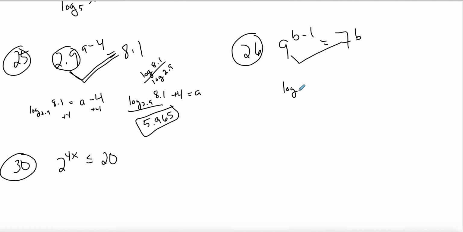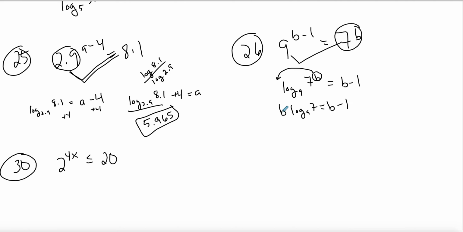So log base 9 of 7 to the b, right, because we want this whole side inside the logarithm, is equal to b minus 1. Okay, so now we have to remember what we got to do with exponents with logs. That's got to go out front. Okay, so it's going to be b times log base 9 of 7 is equal to b minus 1.